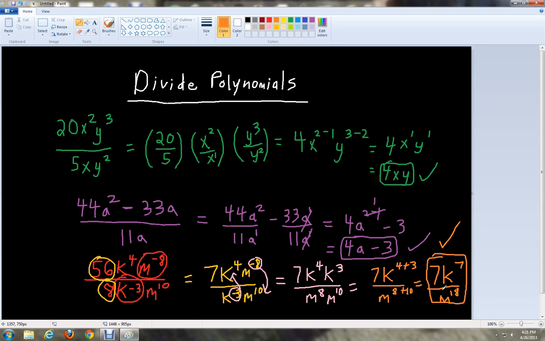So notice that we still have a fraction here, but we still got two polynomials that we're dividing. We have 7k to the 7th and m to the 18th. Those are also polynomials. So that's just how you resolve negative exponents. When you move it to either the numerator or denominator, you change its sign, and then you collect the exponents with the like variables.